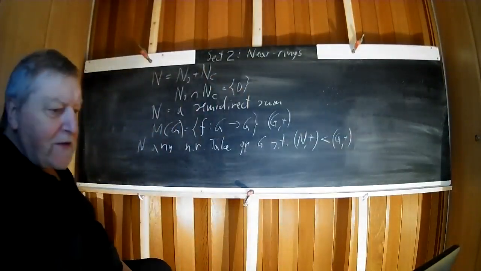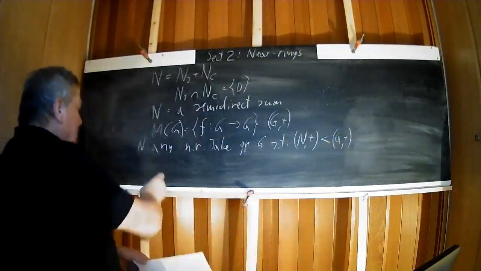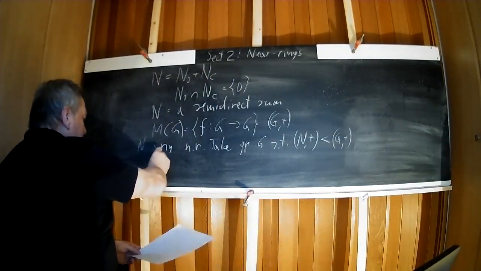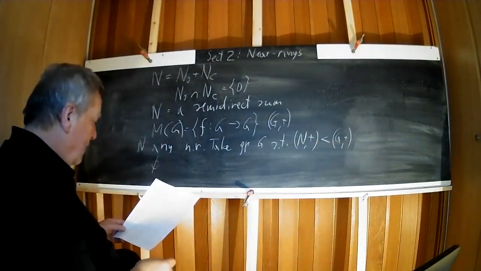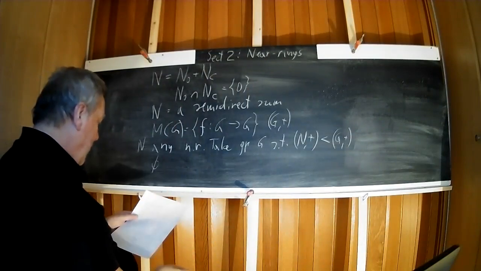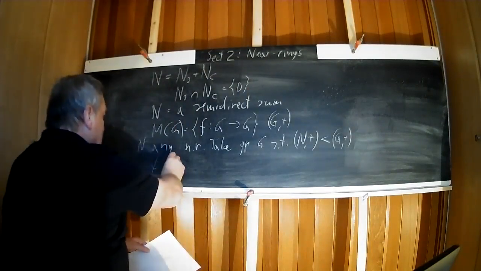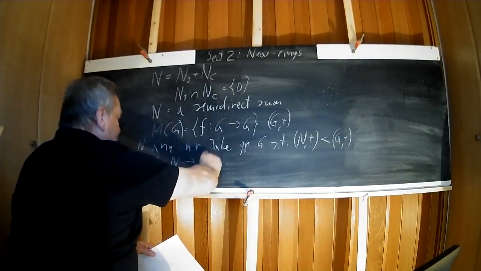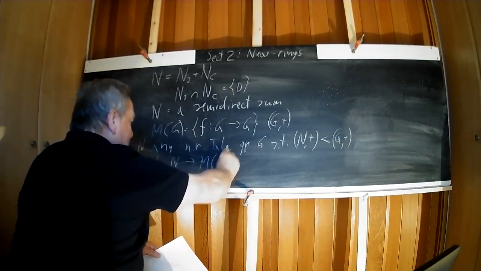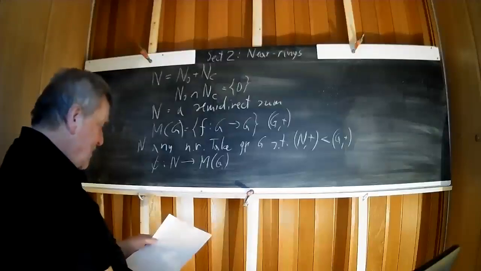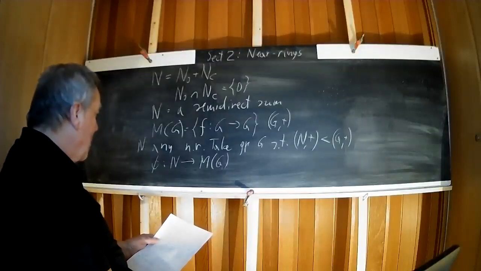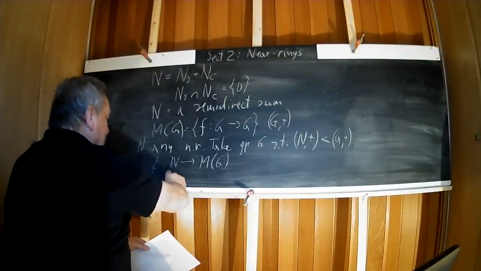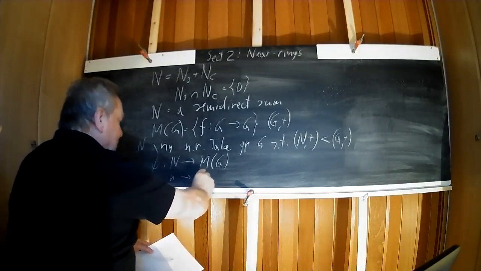Then we might consider the following map: phi going from N to M of G by sending each element n to some map phi sub n.